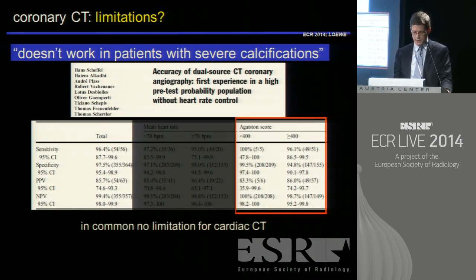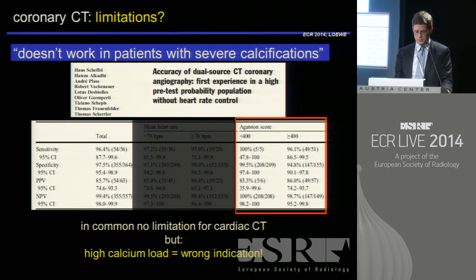And we know that patients with a high rate of calcifications are at high risk for coronary artery disease. So this group of patients are not good candidates for a cardiac CT. We heard that the most appropriate indication is to use this technique in patients with a low to intermediate pretest probability. So if the coronary calcium is pretty high, then the pretest probability is high as well.